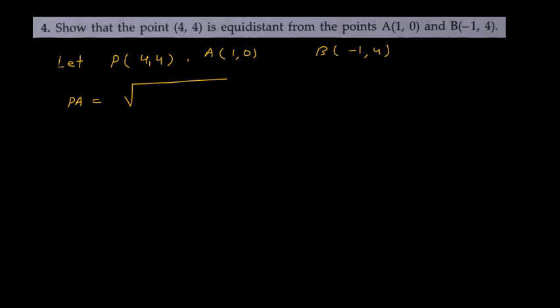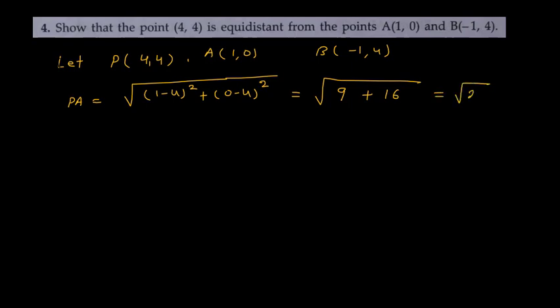So by distance formula, this PA is 1 minus 4 the whole square plus 0 minus 4 the whole square. So this will become 1 minus 4 is minus 3, minus 3 the whole square is 9, 0 minus 4 is minus 4, minus 4 square is 16. So 16 plus 9 is 25.